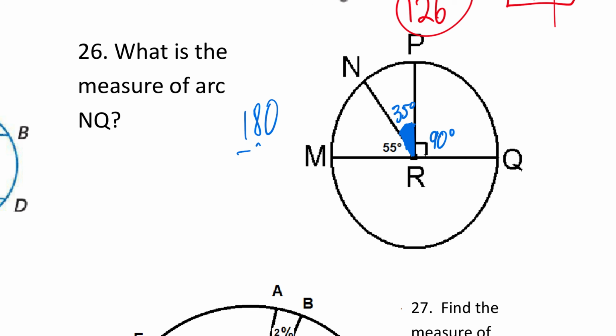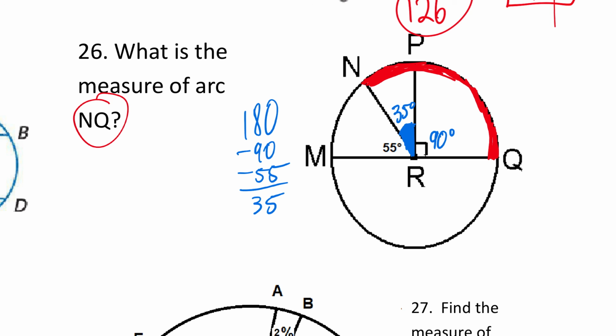So if you do 180 minus 90 minus 55, that tells you that angle's right there. It's 35. Now the question is, what's the measurement of arc NQ? So from N around to Q. So it is 125 because it's the 35 plus 90, so 125 degrees.